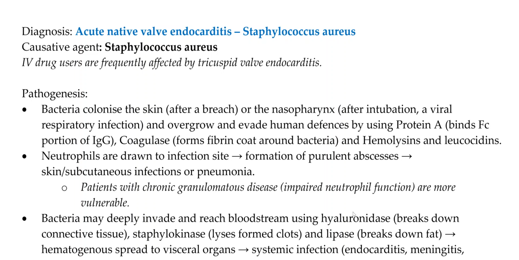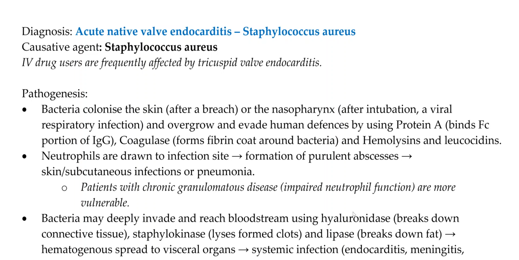It also releases an enzyme known as coagulase, which forms a fibrin coat around the bacteria so immune cells cannot reach the bacteria. It also releases hemolysins and leukocidins, which destroy RBCs and WBCs in the human body. So that's how this bacteria establishes infections in skin or in the respiratory tract.